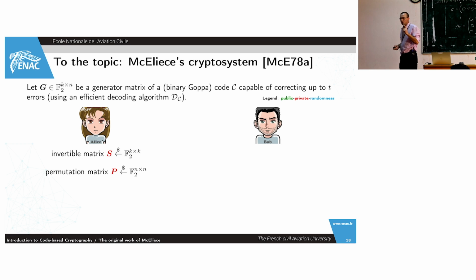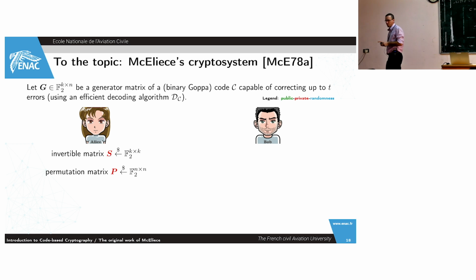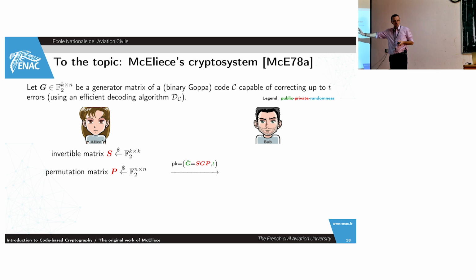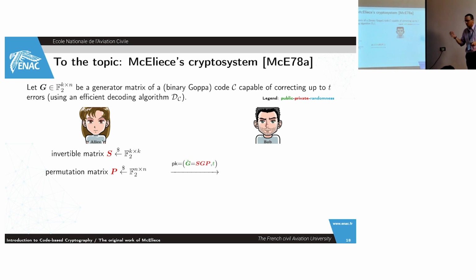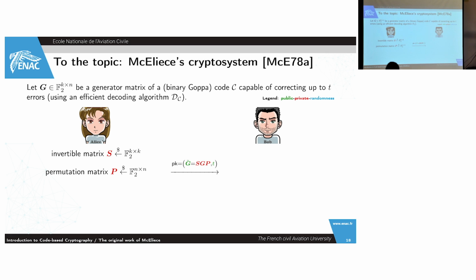What is really, really super important is that G tilde is a disguised version of the code, and G tilde does not give you the efficient decoding algorithm. If you try to decode with G tilde, you're not going up to T errors.